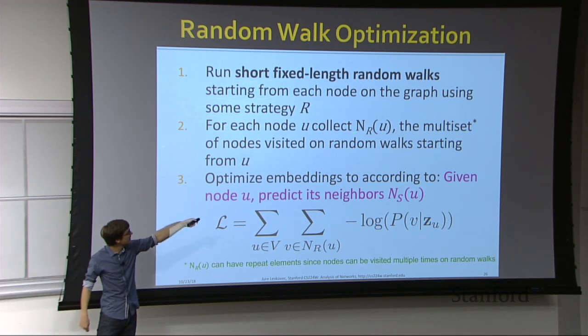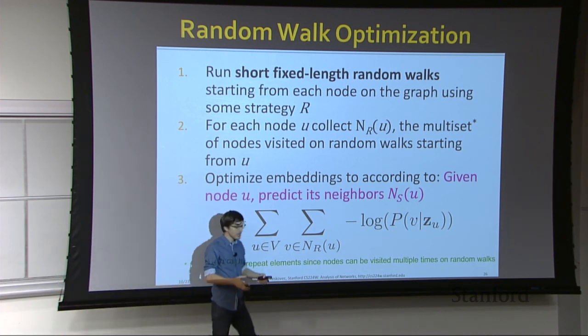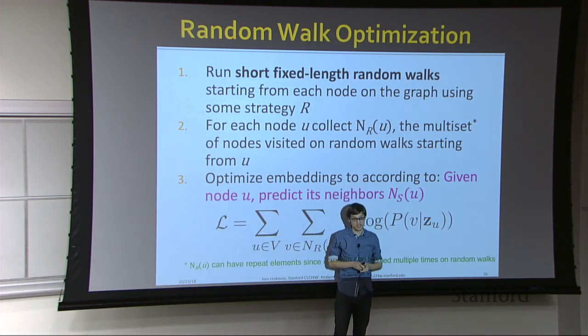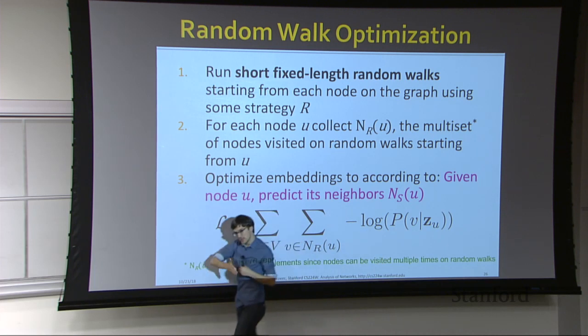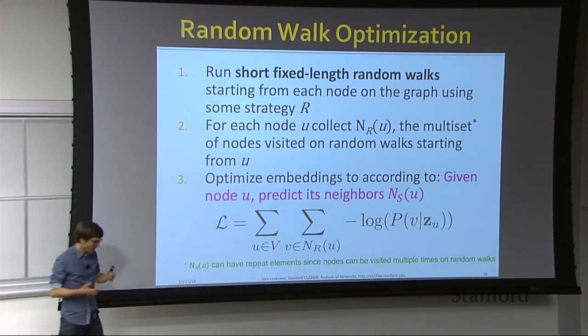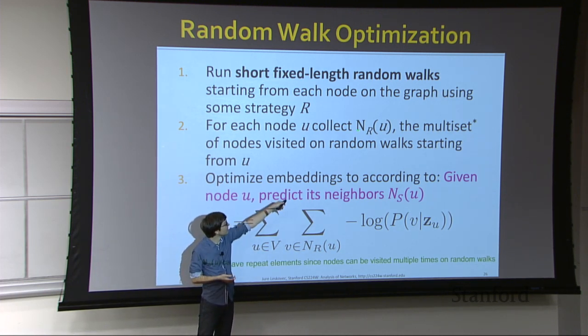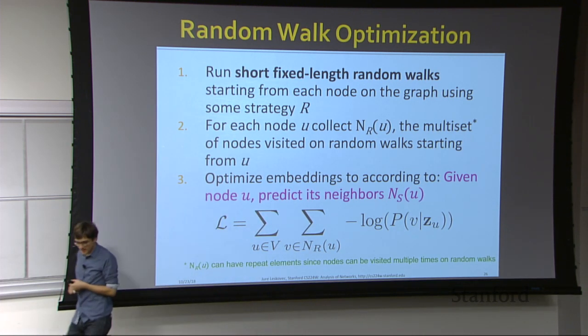And I will put this into the set N sub R of U. And I can create multiple instances of this set N because I can simulate multiple random walks all starting at node U. Imagine I sample, I don't know, 200 walks per node, so I will create 200 of these sets.